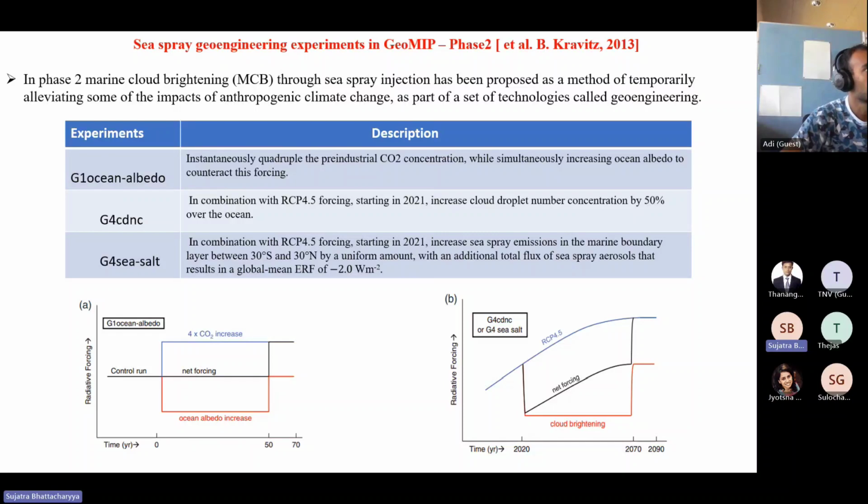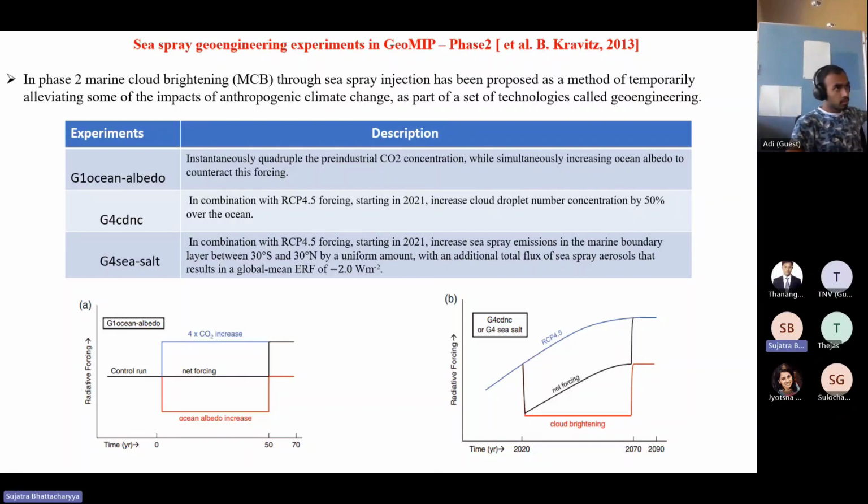This is the same as the previous G1, but here, instead of reducing the solar constant, they increase the ocean albedo. On the other side, they conduct G4 CDNC and G4 sea salt.